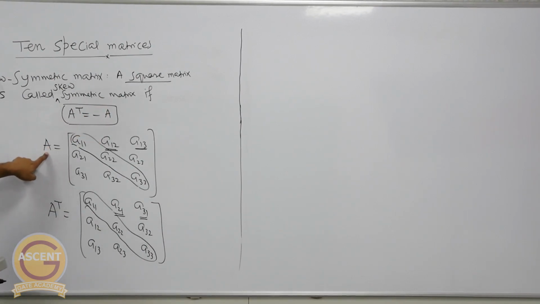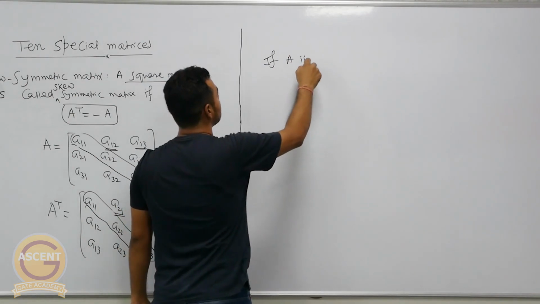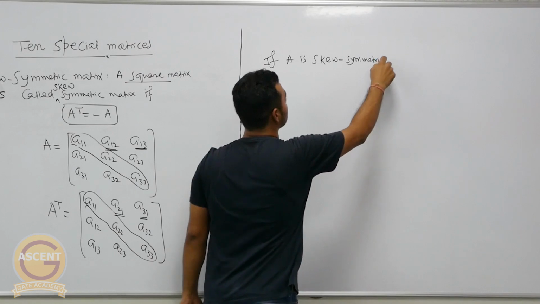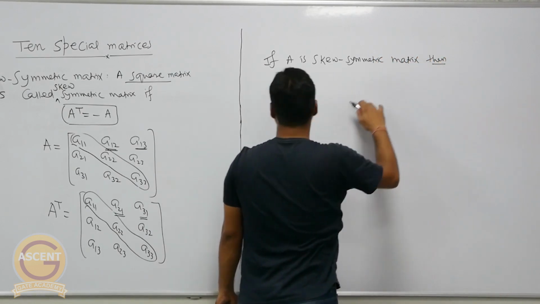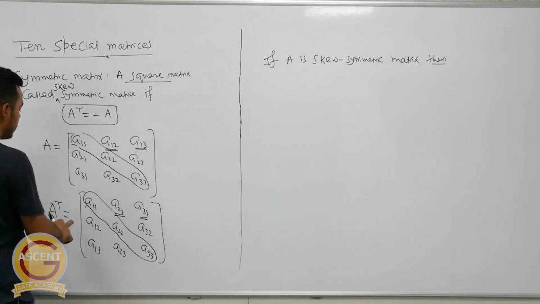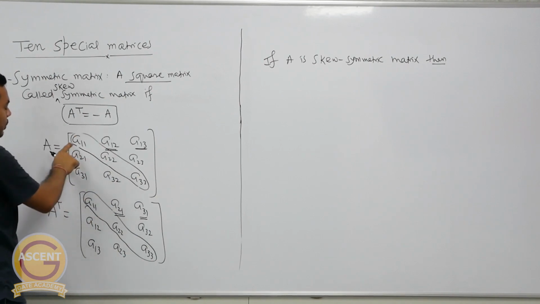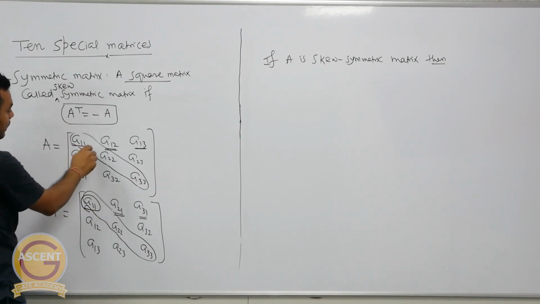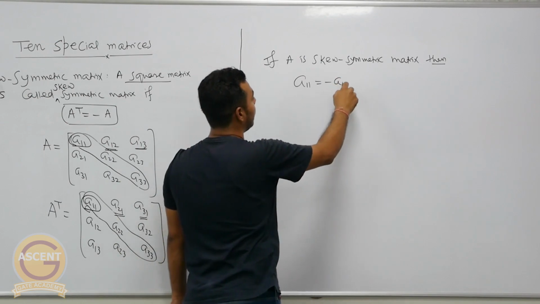So if this is our matrix A, then this will be our A transpose. The diagonal elements are same. Now if A is a skew symmetric matrix, then we know that A transpose is minus A. So this means all these elements are negative of their corresponding elements in A. So A11 will be negative of A11.